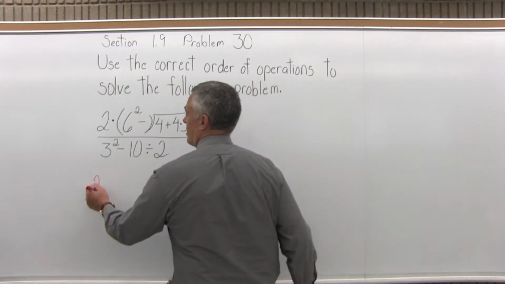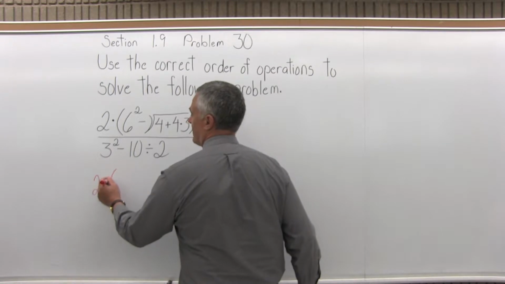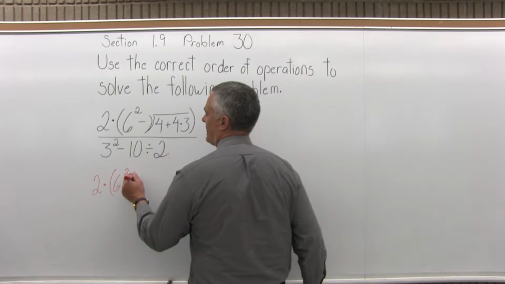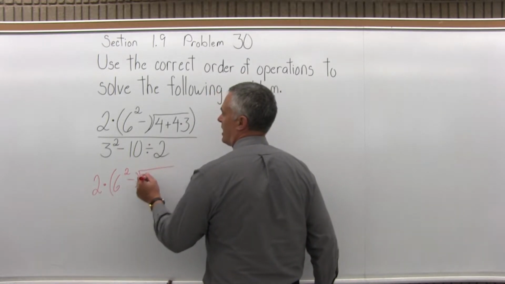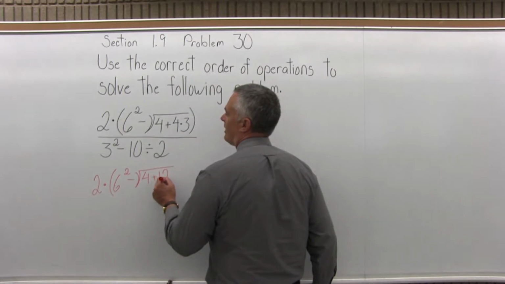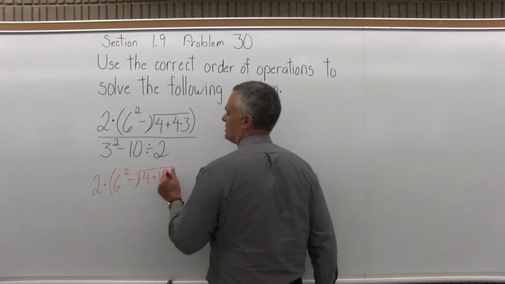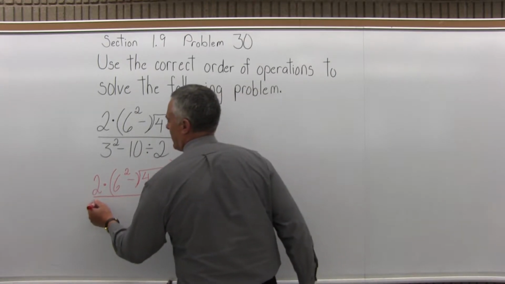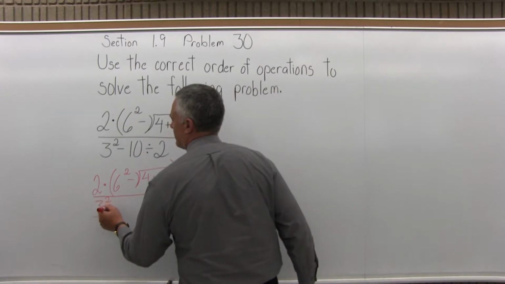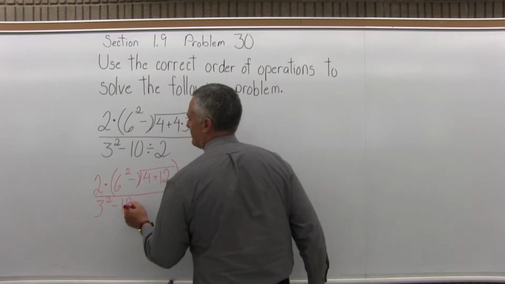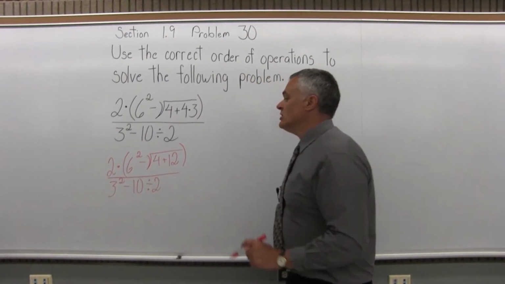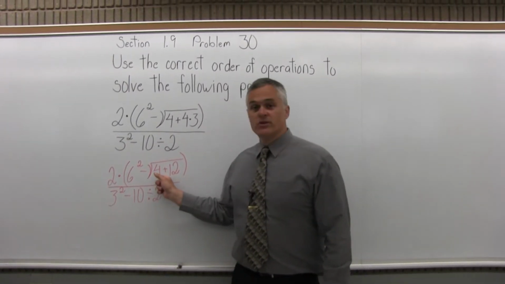So as I do the problem, the 2 in front will stay, times the parentheses will stay for now, 6 to the second power minus the square root of 4 plus 12. The 4 times 3 gets turned into a 12. And then in the denominator I'll have 3 second power minus 10 divided by 2. So now I can finish the work under the square root.